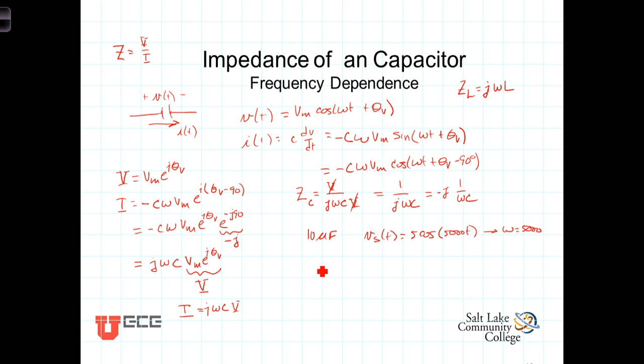Then the impedance of this 10 microfarad capacitor would be equal to 1 over j times omega, which is 5,000, times C, which is 10 times 10 to the minus 6th. You do the math on that, again bringing the j up into the numerator, and you'll get that the impedance of this capacitor would be negative j20.